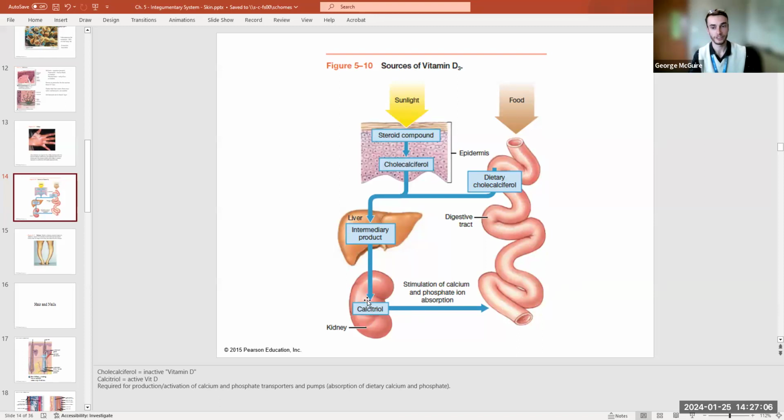Without vitamin D, we do still have membrane proteins in our small intestinal cells that can bind with and transport calcium and phosphate. But more calcitriol leads to greater genetic expression of the gene that makes those channel proteins and transport proteins, and so stimulates more absorption of those minerals.